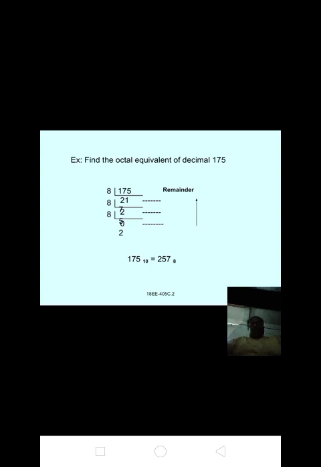Find the octal equivalent of decimal 175. It should be converted into an octal number. 8 2s are 16, remainder 15. 8 1s are 8, the remainder is 7. 8 2s are 16, that means 5 is the remainder.